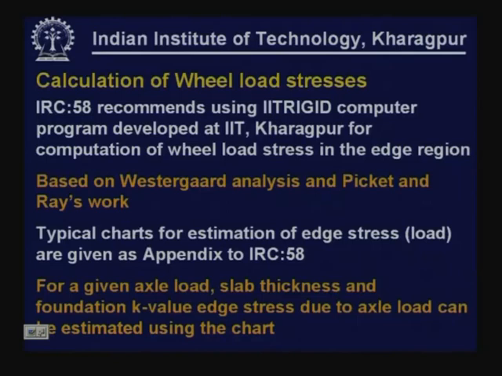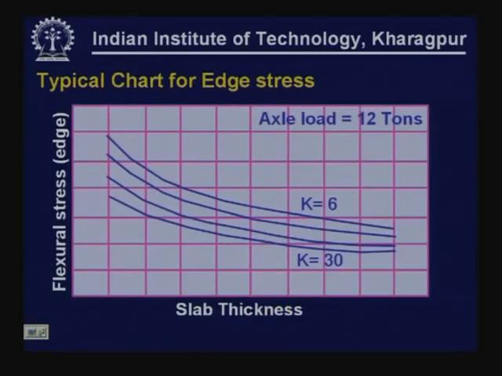For those who do not use this program, typical charts for estimating edge stress due to wheel loads are also given as an appendix in IRC 58. For a given axle load, for a given slab thickness and for a given foundation K value, edge stress due to axle load can be estimated using the chart. A typical chart looks like this.